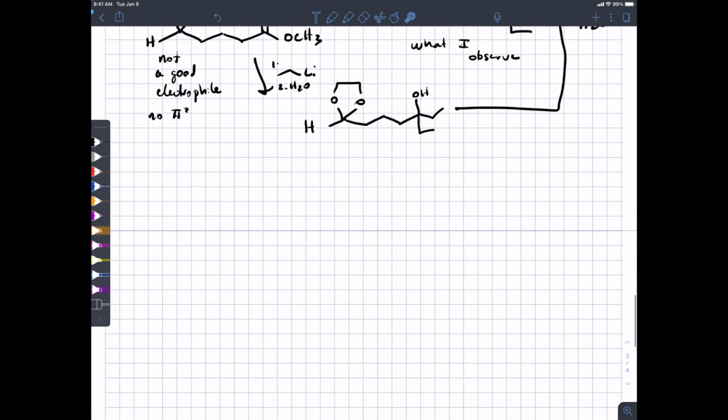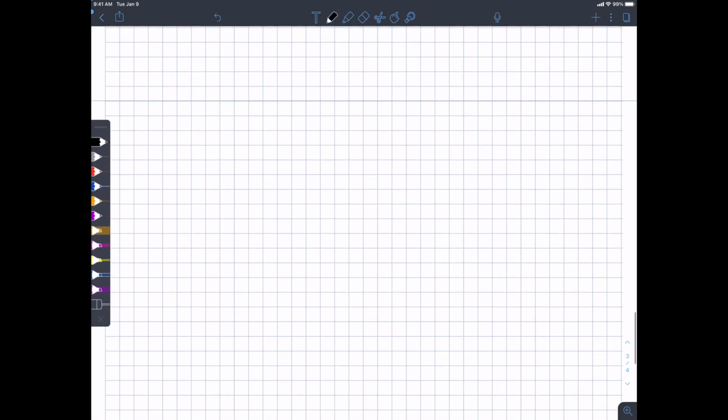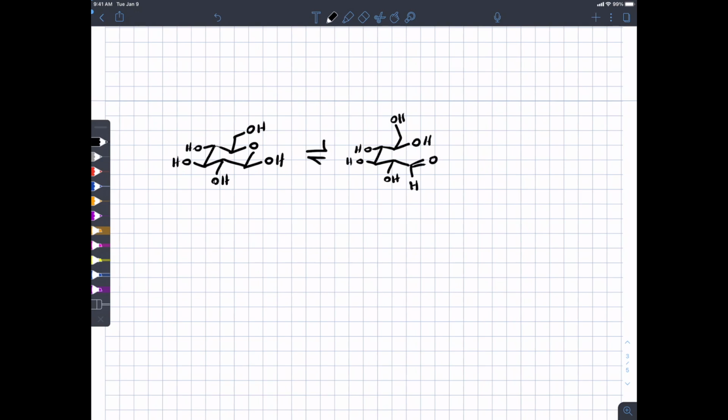So for our purposes here, we're going to remember that glucose, even though it exists predominantly in a cyclic hemiacetal form, has an open chain form in equilibrium with the cyclic form, and that open chain form has an aldehyde on carbon 1.